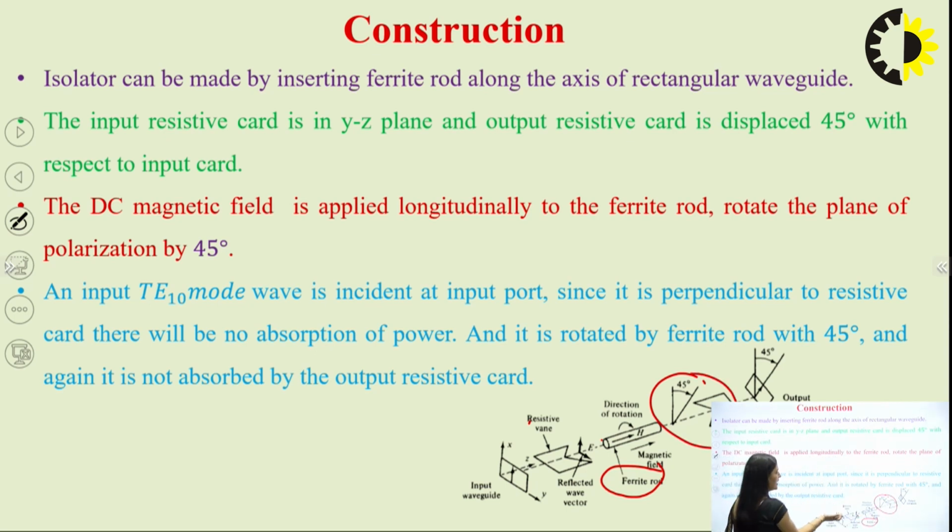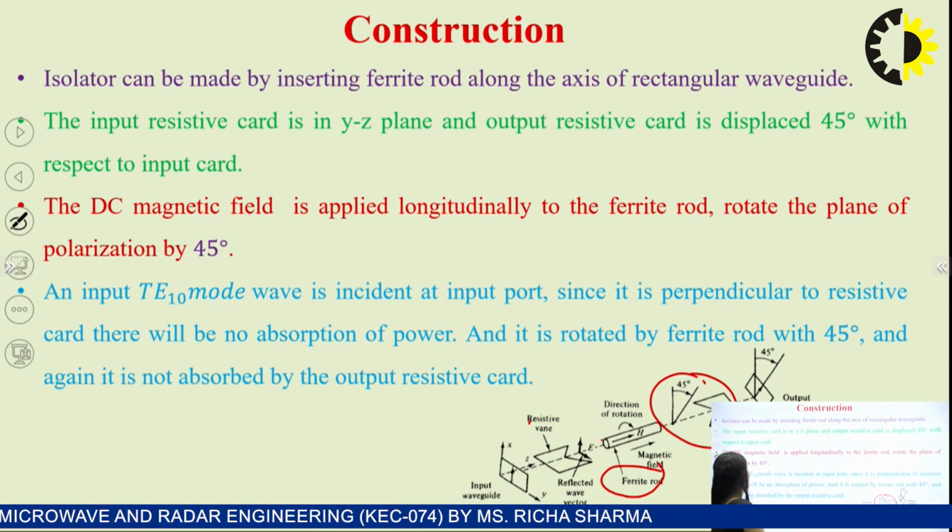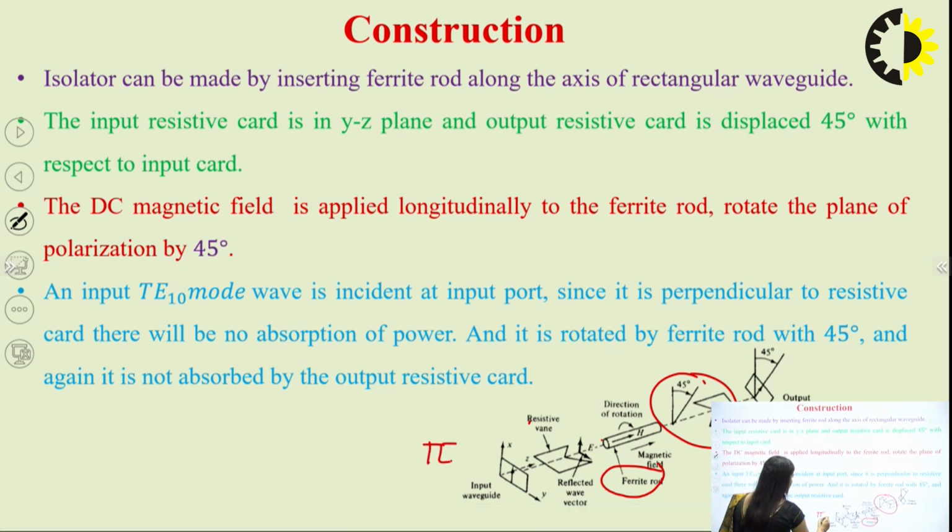It means if this is at 0 angle, this will be at a 45 degree angle, right? And the DC magnetic field is applied longitudinally to this ferrite rod, which will rotate the plane of polarization by 45 degrees.